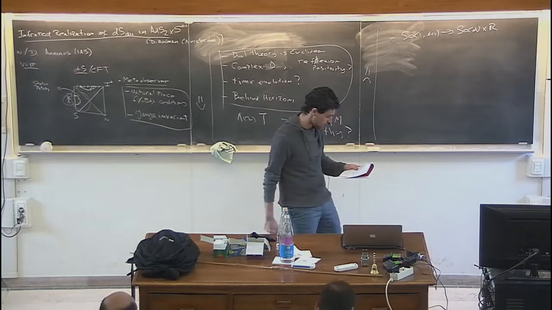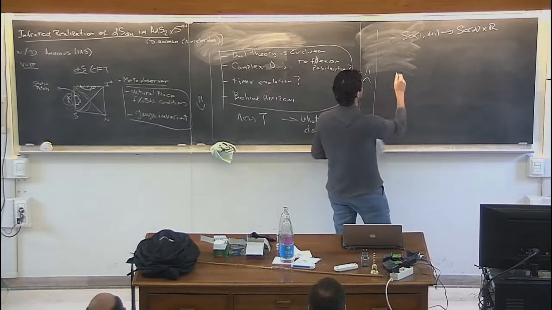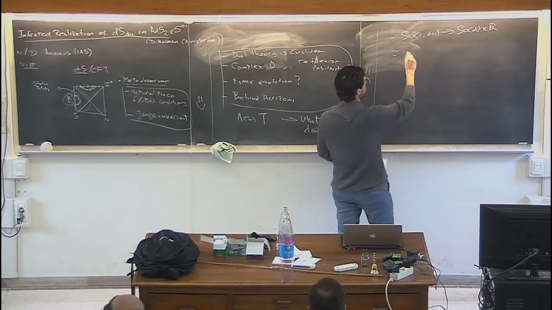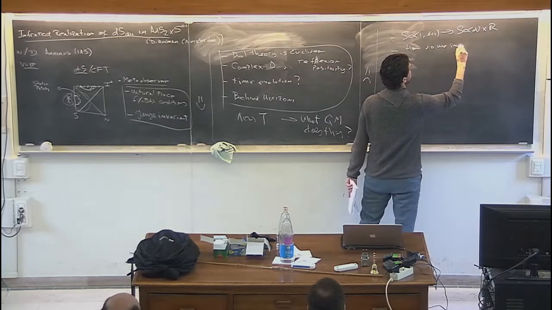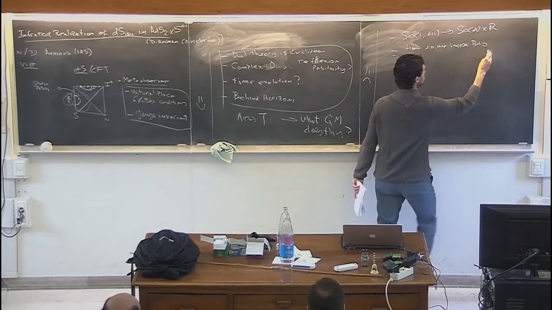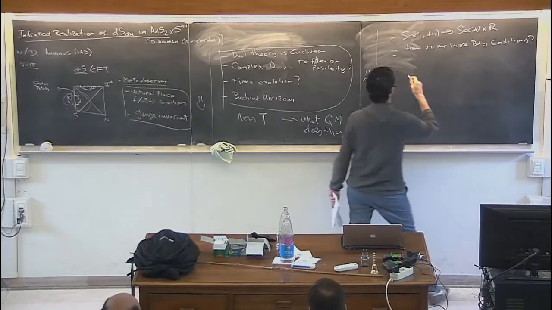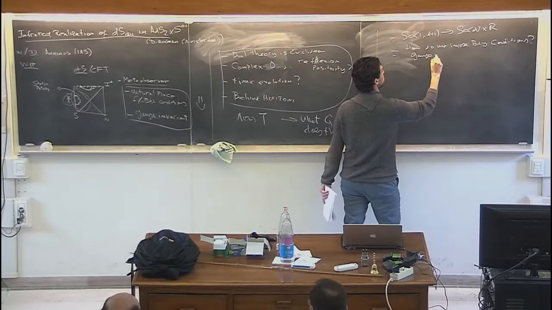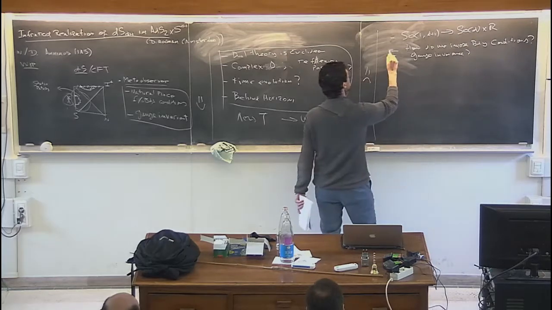We can discuss whether we're worried about that or not. More importantly, there are two related questions, which is how do we impose boundary conditions? Let me talk about this in a second. And also this issue of gauge invariance. These two questions are related.